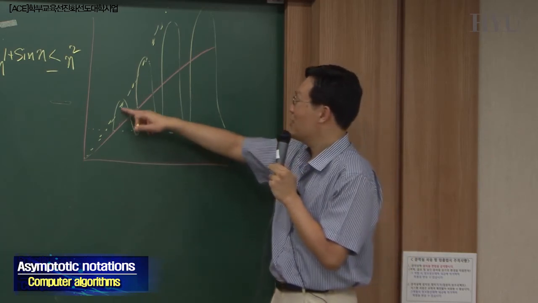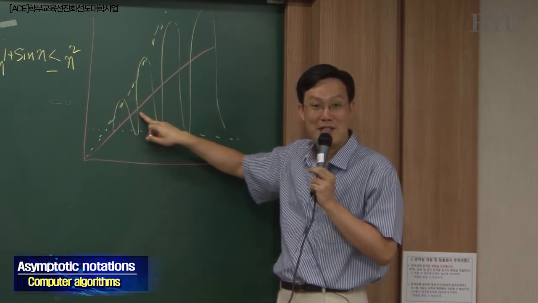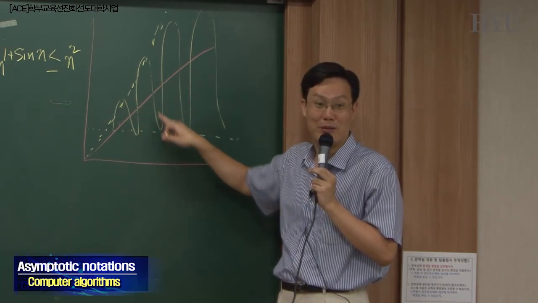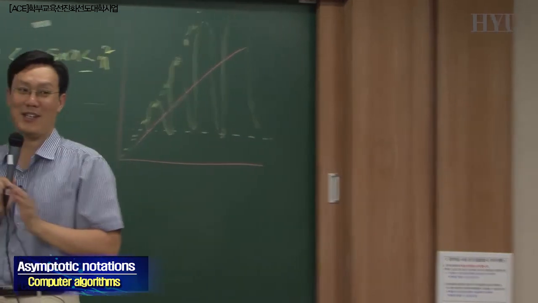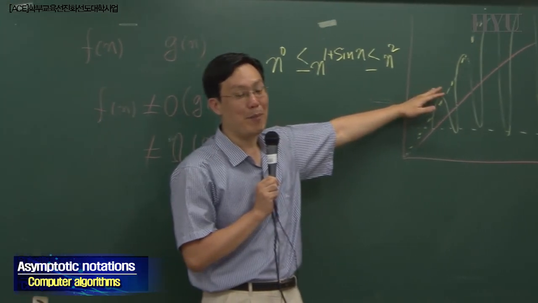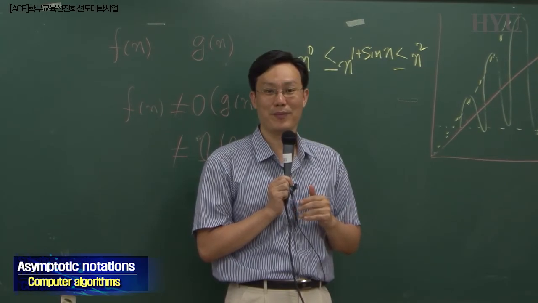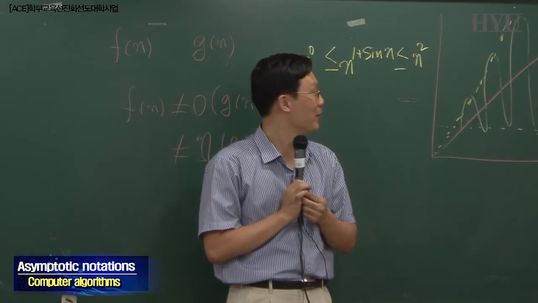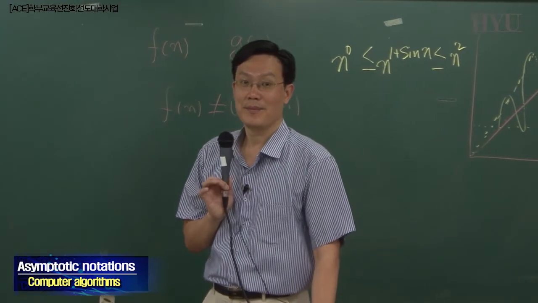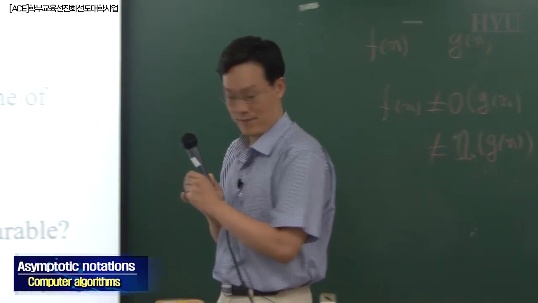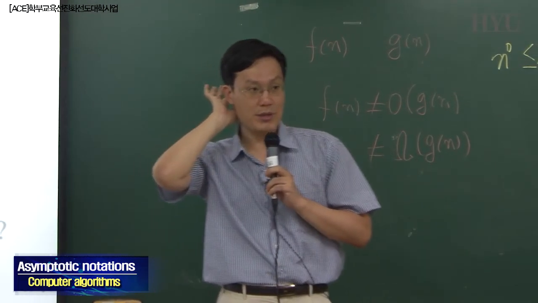So this is sometimes an upper bound of this and sometimes a lower bound of this. So we cannot say this is an upper bound or a lower bound of this function. Okay? Any questions?